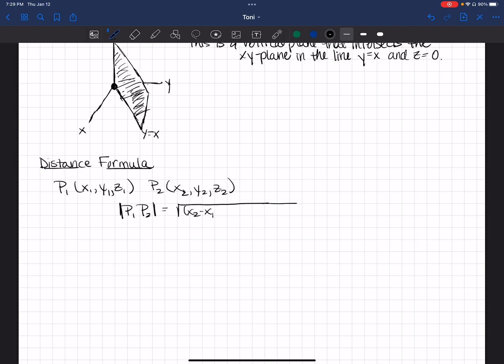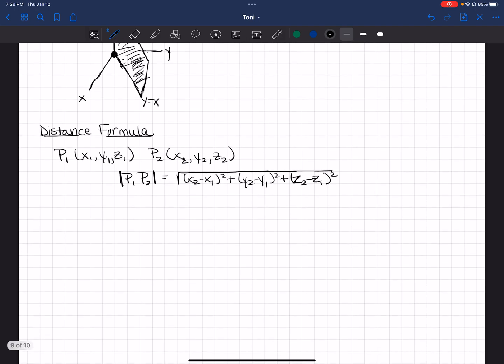It equals the square root of x2 minus x1 squared plus y2 minus y1 squared plus z2 minus z1 squared. Okay? So example 3, we have, it says the distance.